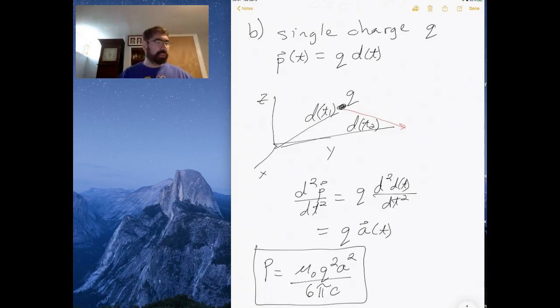So the power that you would have is basically, because we put in for the second derivative of the dipole moment, that's just qa, you square it, you get q squared a squared. This turns out to be something called the Larmor formula.